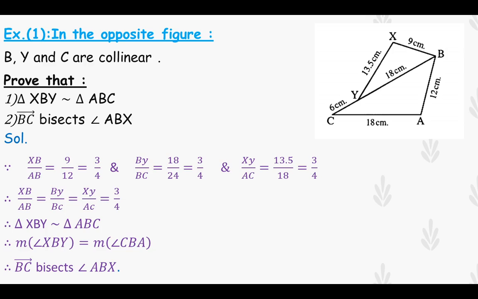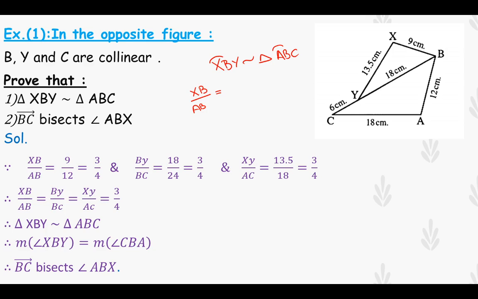So, how are we going to know the proportional sides? Here we want to prove that triangle XBY is similar to triangle ABC. So we are going to find XB over AB, the first two letters of the first triangle and the first two letters of the second triangle.